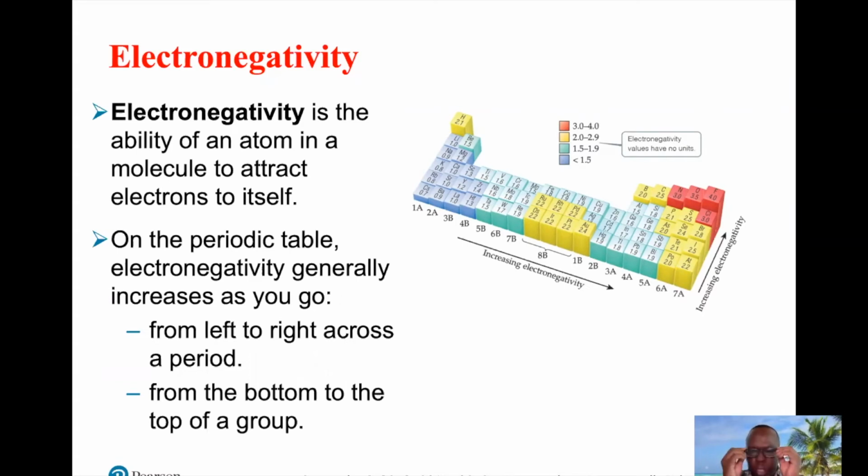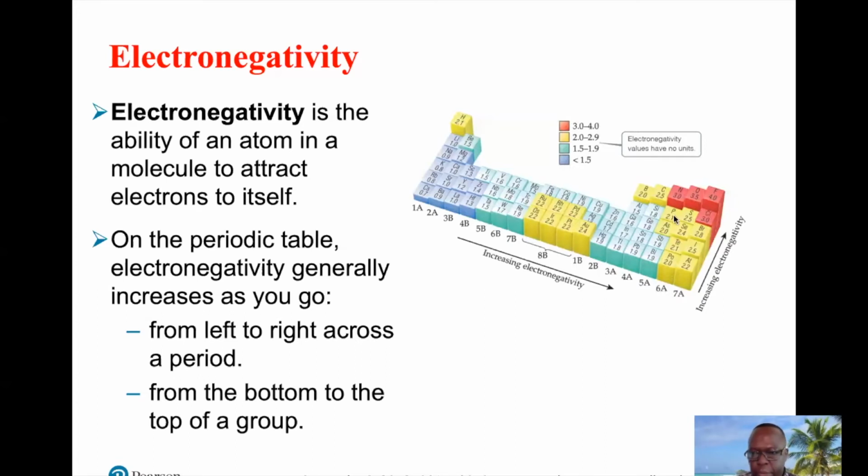We can use these values to determine whether the bond formed is ionic. The difference in electronegativity values can tell us whether the bond is polar, non-polar, or ionic.